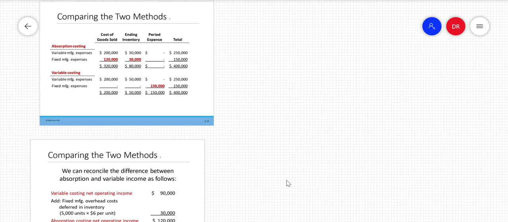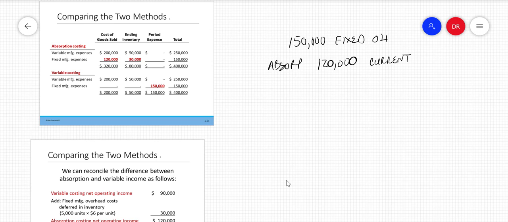Remember, we actually had $150,000 in fixed manufacturing overhead, right? What they're showing you here is that using absorption, you only charge what you sell against net income, which means of this 150, you only recognize 120 in the current period.